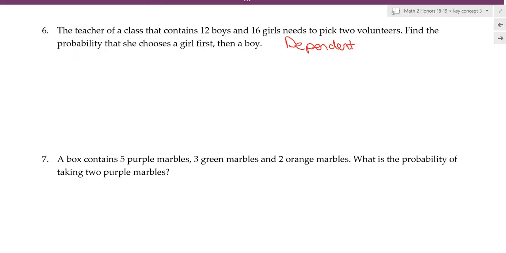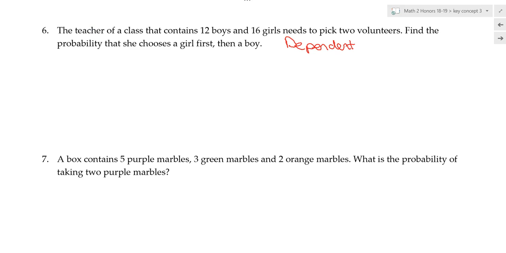So, at the beginning, we have 12 boys and 16 girls. I'm going to find the probability of girl, then boy.